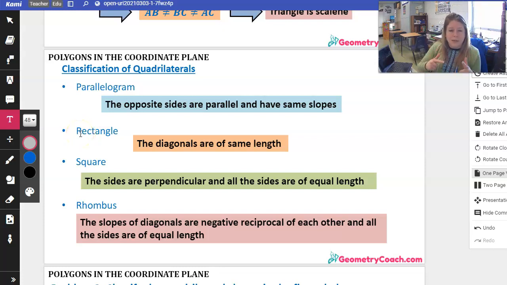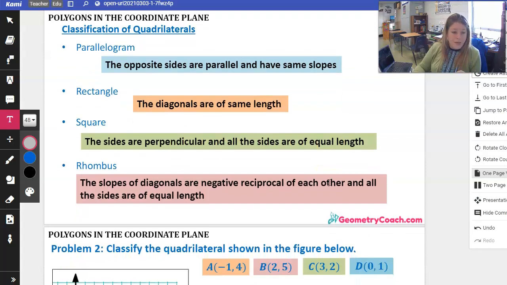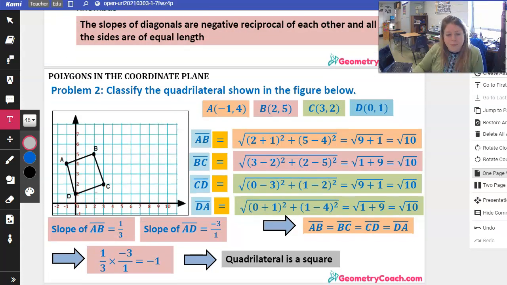They're going to multiply to equal -1. For squares, same thing. Slopes are going to multiply to equal -1, and all the sides are going to have the same distance. Rhombus, the diagonals, here we go, negative reciprocal. That was the word I was looking for. Multiply to equal -1. And all the sides are the same length.